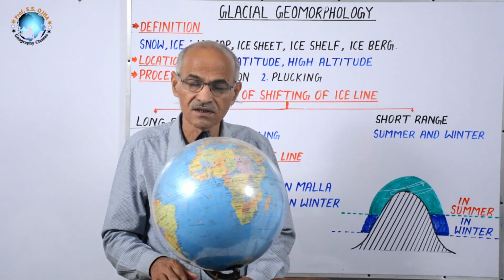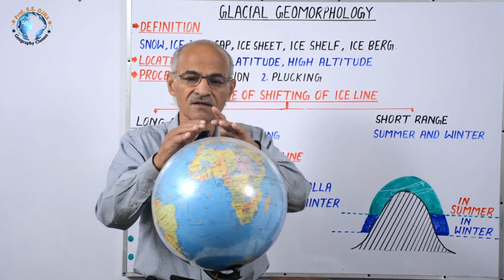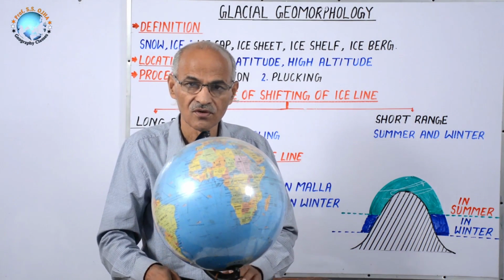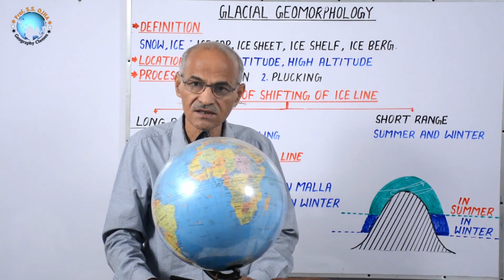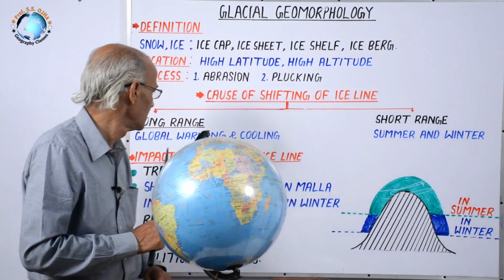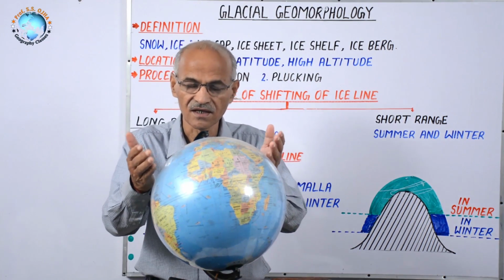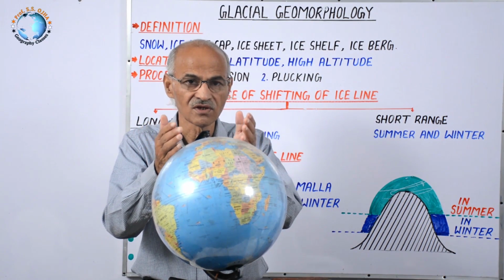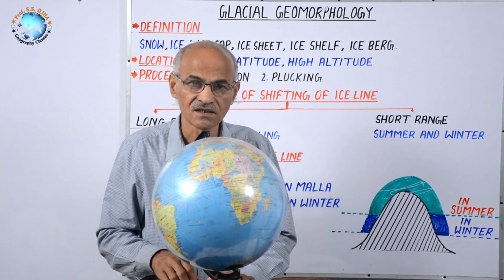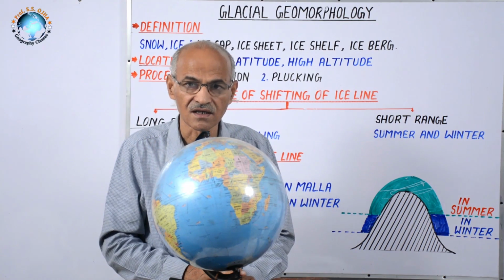That's why it is clear that during glaciation period, ice line moves equatorward from both the poles, while during deglaciation period or during this global warming, the ice melts and the ice line recedes back towards the pole. So this is the process that ice line shifts near Arctic and Antarctic circle.